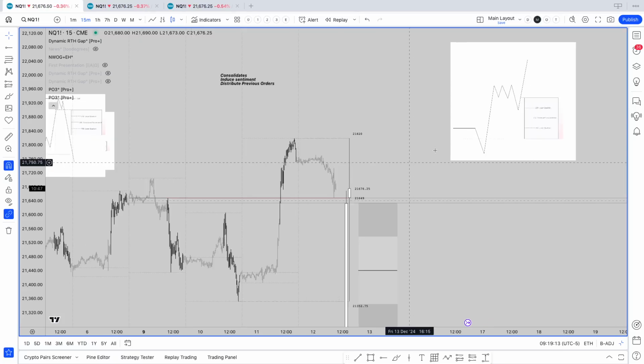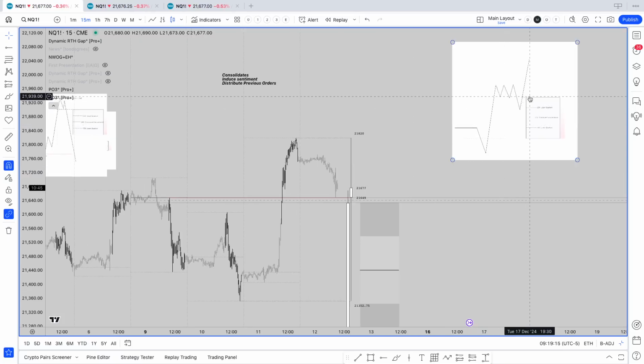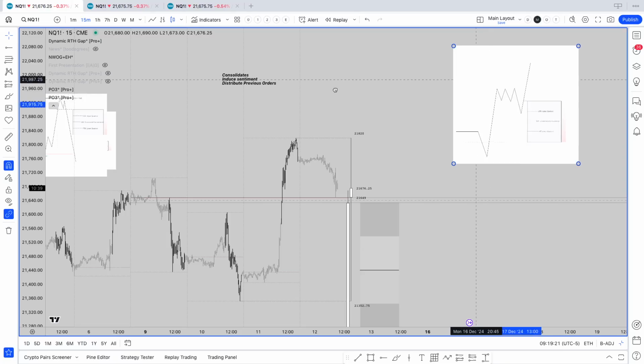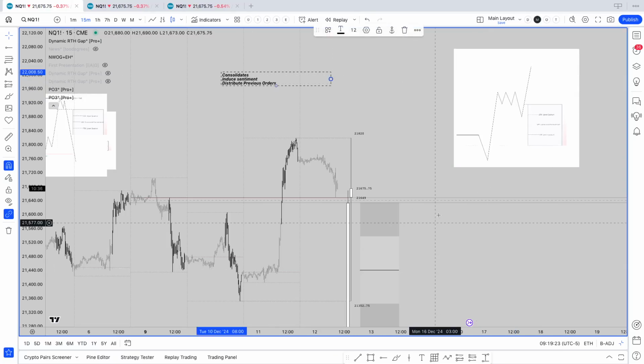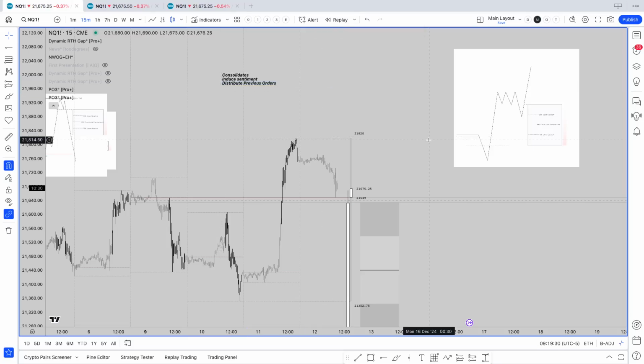This is the classic buy day, but you are considering the gap on this profile, and the characteristic is usually that they are distributing orders that were accumulating during the previous day close.